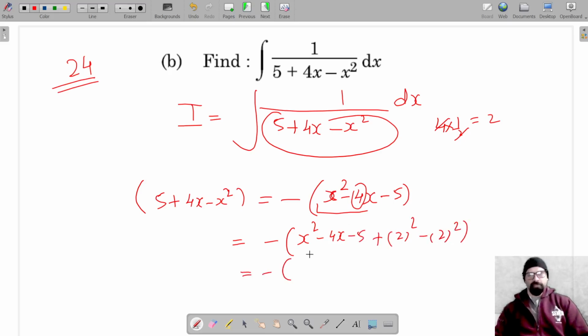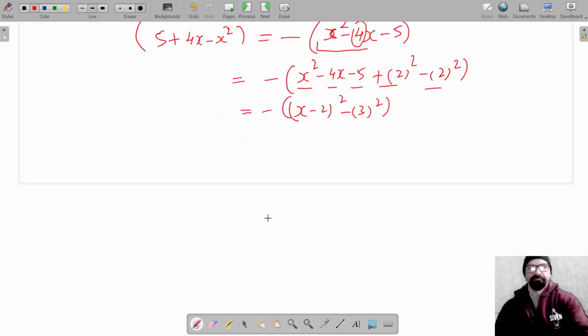Now this term is x minus 2 the whole square, and minus 5 minus 4 is minus 9, so this is minus 3 square.